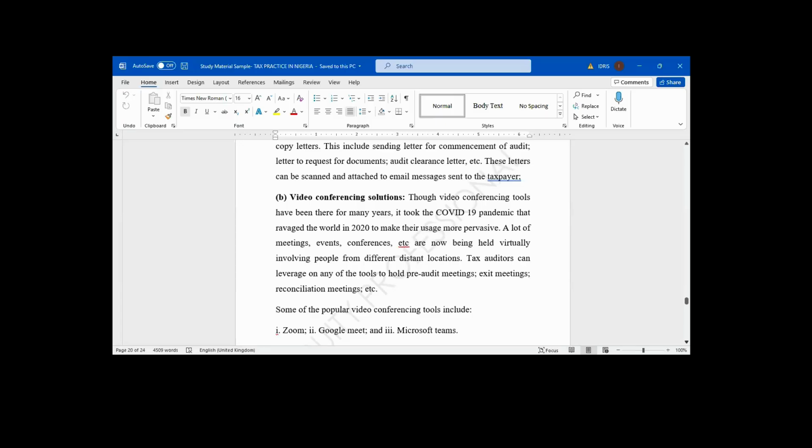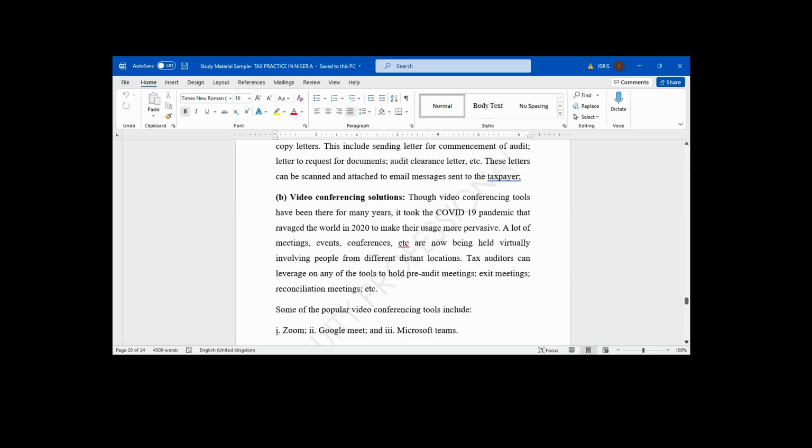Tax authority can arrange a conference meeting with the taxpayer and the tax consultant to deliberate and agree on some tax audit issues. We participate. They will just arrange a Zoom. The three of them will be discussing.